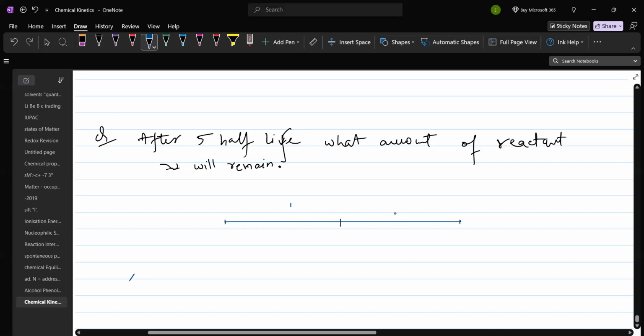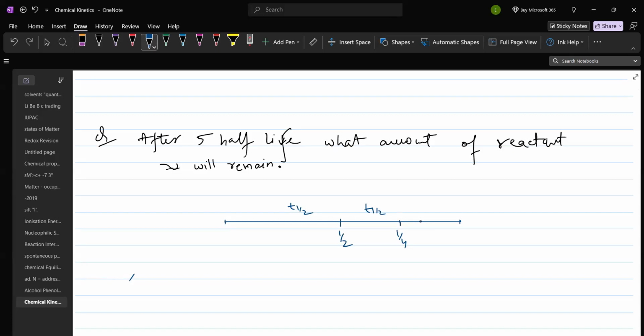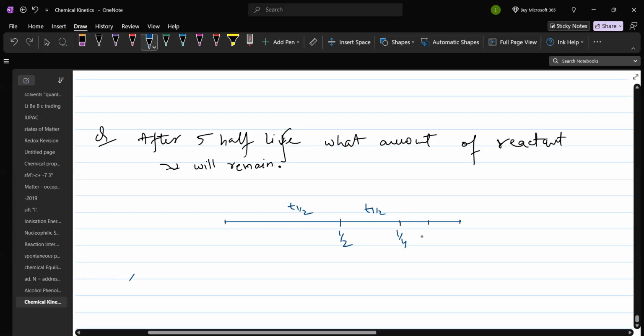Another t half, right? Tell me, yes or no? Yes, sir. For another t half, the reactant will become 1 by 8th. Then another t half, we have to go to 5 t halves. Another t half, it will become 1 by 16. And for another t half, the reactant will become 1 by 32.